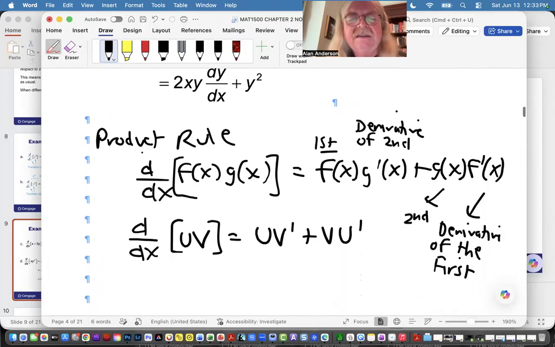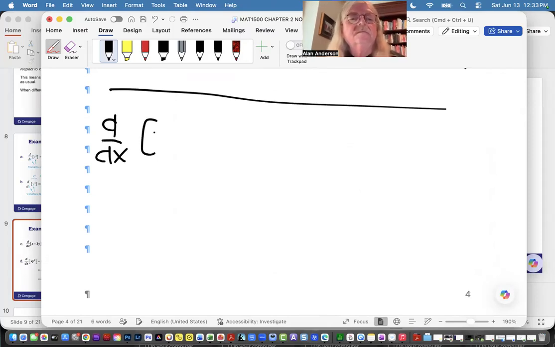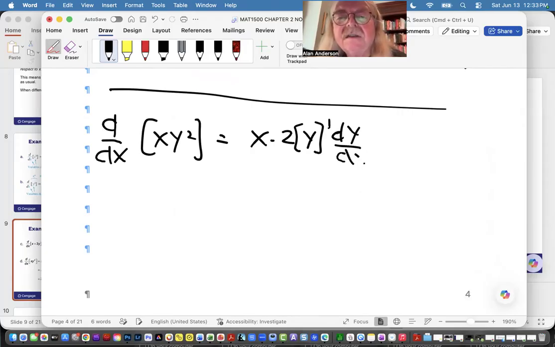x y squared. What do we do with it? So we have the first times the derivative of the second, which is 2y to the first dy dx, plus the second term times the derivative of the first. Okay, so it's the same pattern.